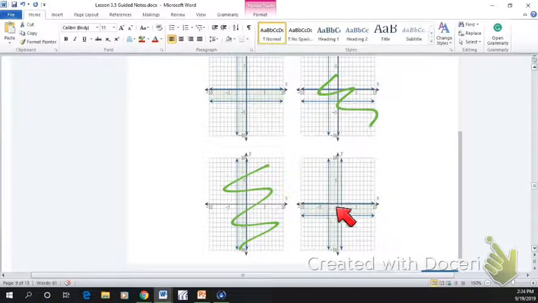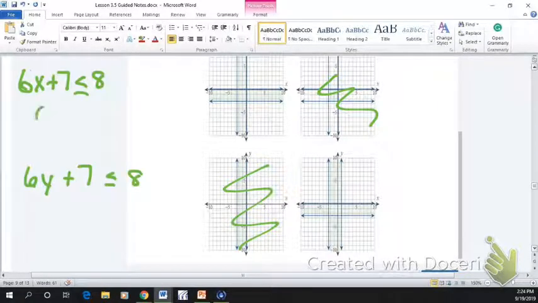Look back at your originals and see if we have any nice x-intercepts. I get 6x is less than or equal to 1, so x is less than or equal to 1/6.